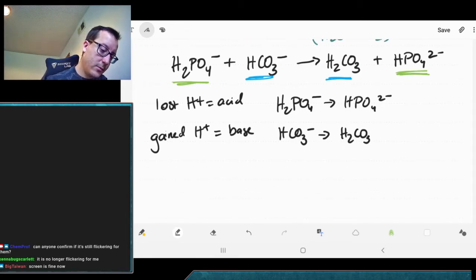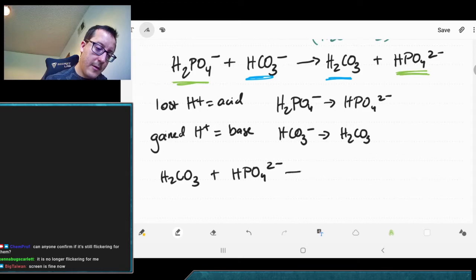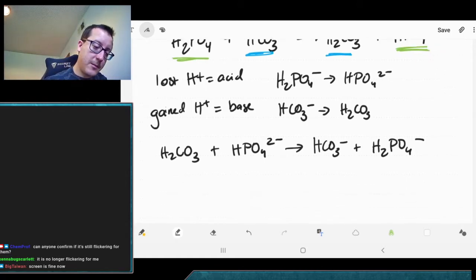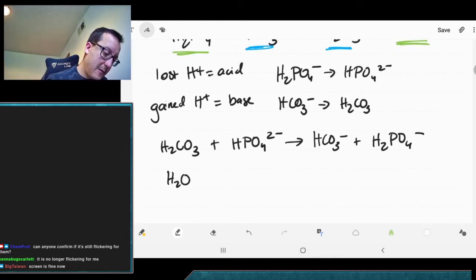Now, what if I told you, insert the Morpheus meme here, this reaction can happen too. Let me write it in a slightly different way. This reaction could totally happen the opposite way. And if we take a look at it, we'll say, okay, well, we have carbonic acid.